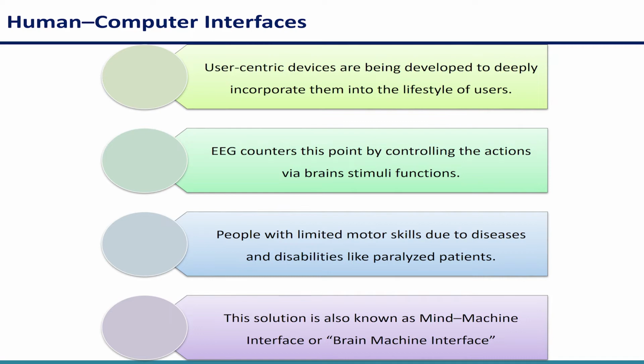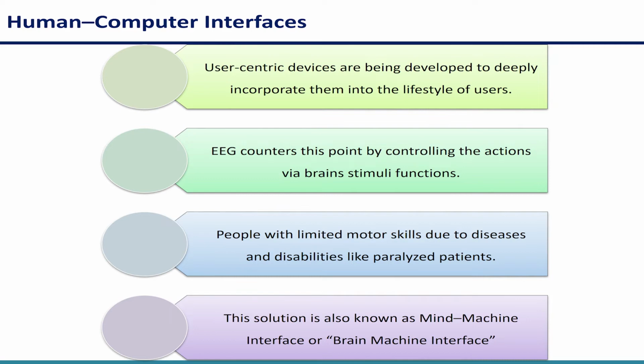So EEG counters this point by controlling the action via brain stimuli, and this in turn becomes life-saving for people with limited motor skills due to diseases and disabilities, like paralyzed patients and so on.